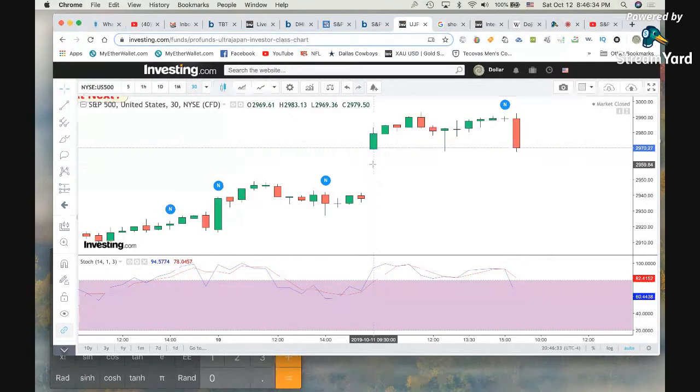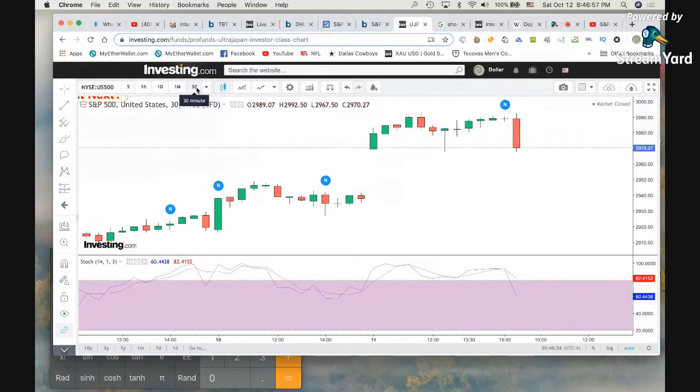This low is 29.69. So actually, we closed lower. Oh, I'm sorry, we didn't close lower. The intraday low was lower at the end of the day than where it started, and the momentum is negative. This is a 30-minute chart.